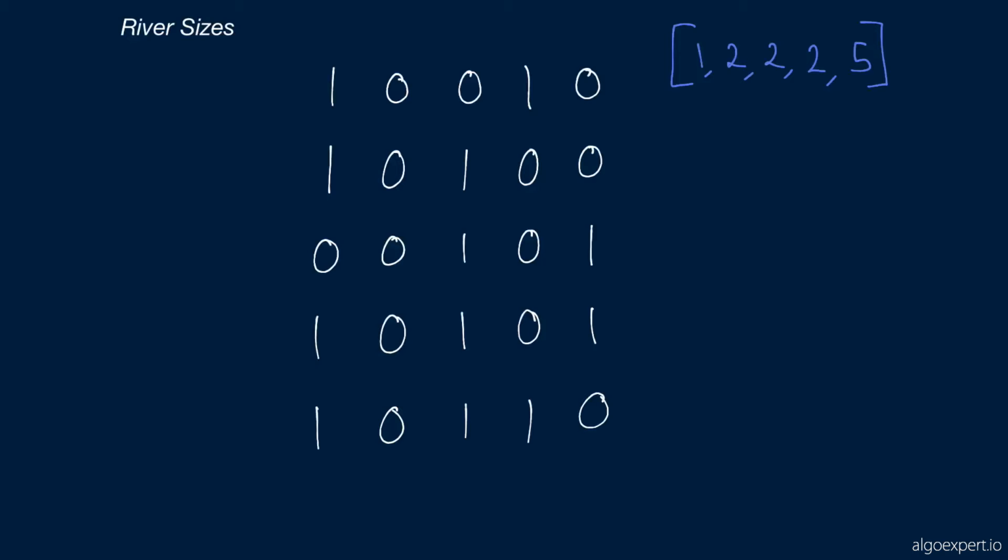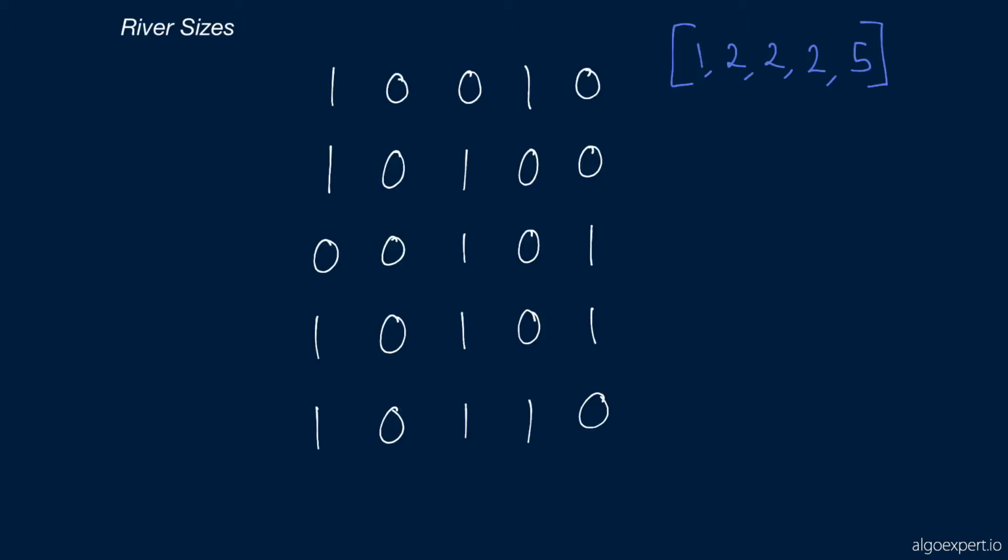So if you look at, let's say, this node here that has a value of 0, it has 4 neighboring nodes: 1 immediately above it, 1 to the right of it, 1 below it, and 1 to the left of it.